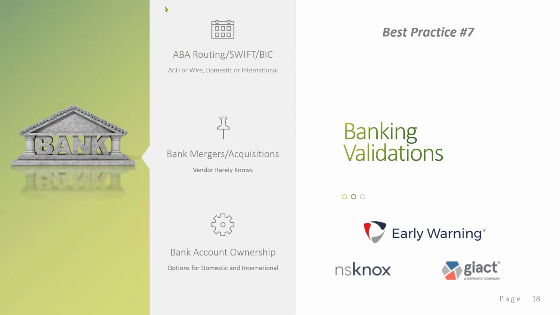Okay. Now, best practice number 7. This includes that poll question I had about bank account ownership, but it's not the only thing. So best practice number 7 is banking validations. So the ABA routing, the SWIFT, the BIC, you want to confirm that ACH or wire payments are processed successfully.